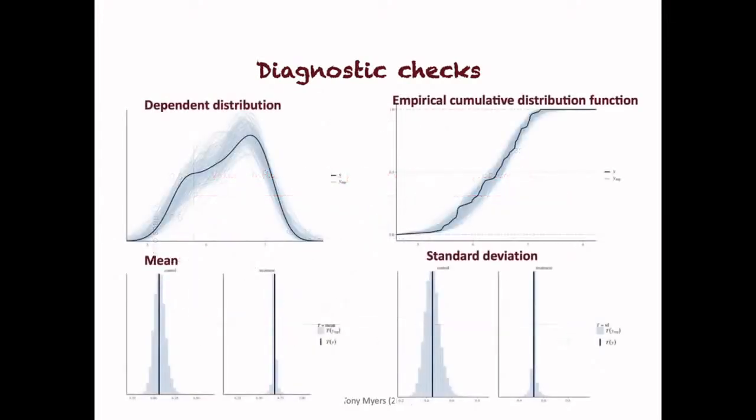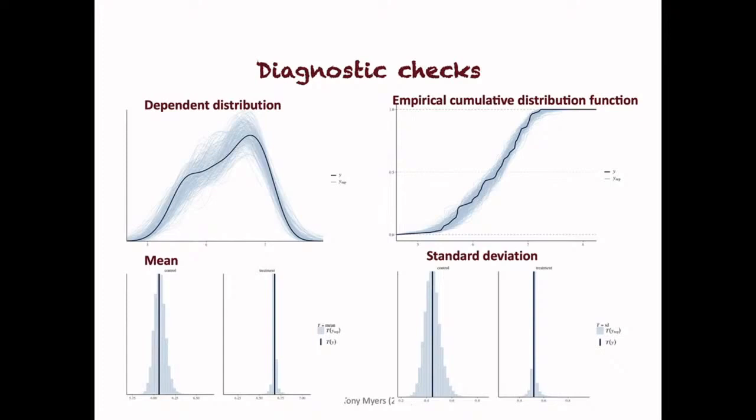Then I look at posterior predictive checks. I'm looking at whether the simulations from the model actually match the data. Is it a reasonable match for the dependent variable, the y variable? And it sort of looks like it is. Those lots and lots of lines are 100 simulations from the posterior distribution, and the black line is y.